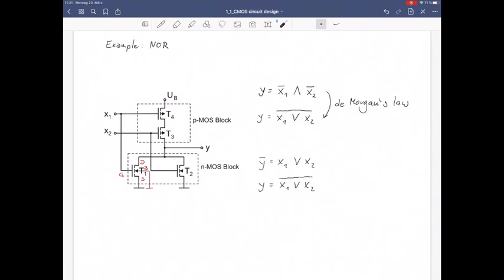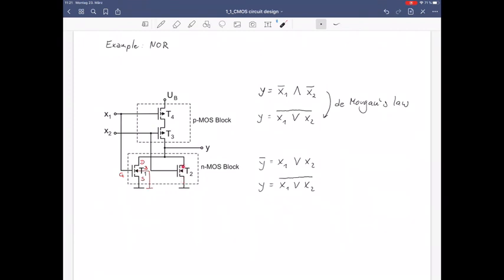One last remark concerning the complementarity of the circuit. If we look at the PMOS block, for example, and let's assume we have a conducting path through the PMOS block, then it can be shown that there is no conducting path through the NMOS block. The same applies the other way around.